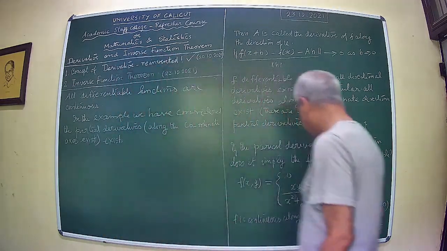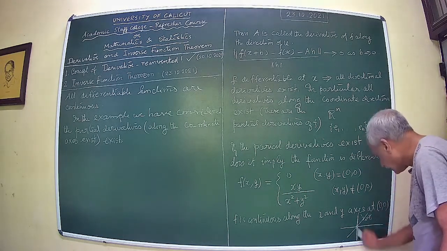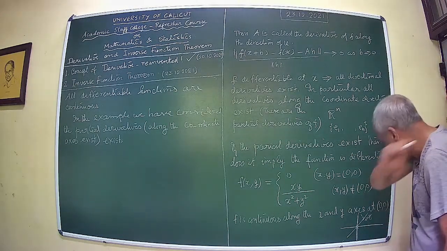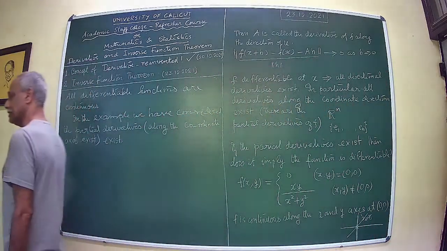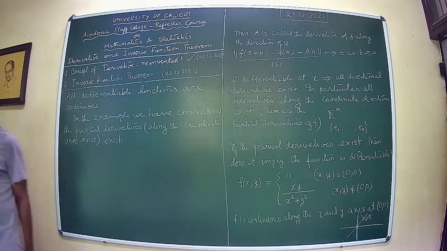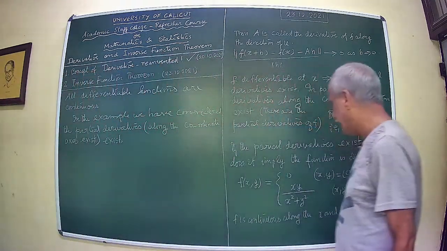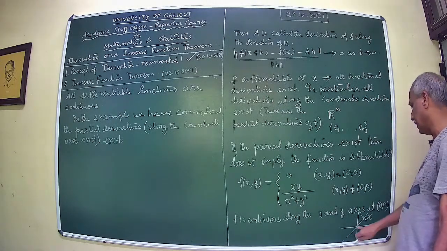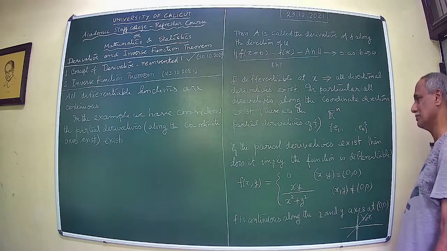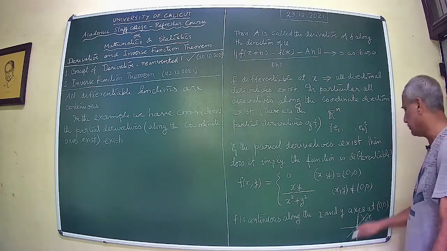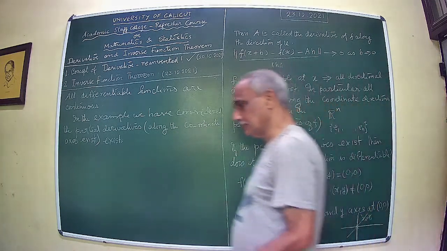What are the partial derivatives? It's simple. The function is identically 0 along the x-axis, and identically 0 along the y-axis. So, certainly at any point the partial derivatives are going to be 0. There is no difficulty, they do exist. But that does not mean the function is differentiable at (0, 0). You see that it is not even continuous when you work along other radial directions. This is what we have seen.